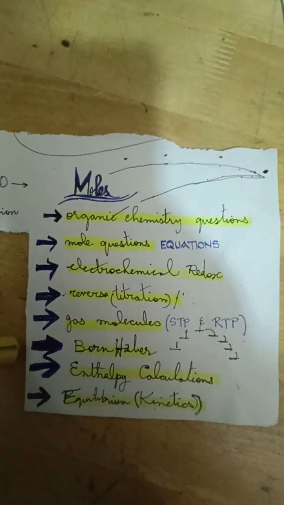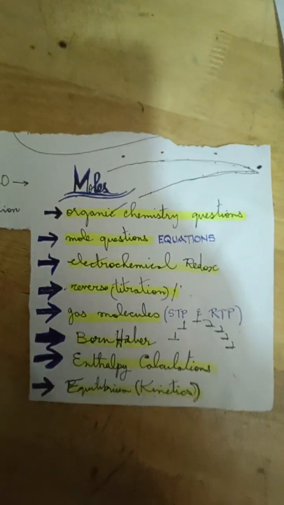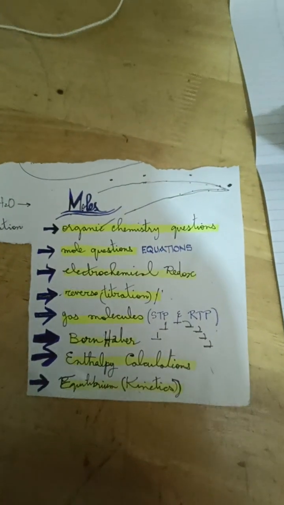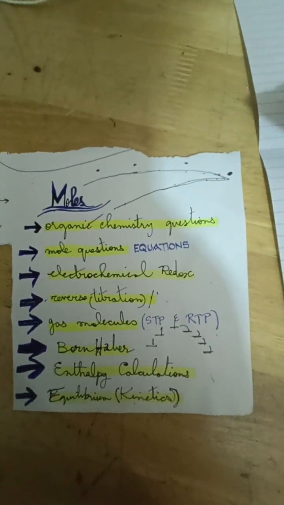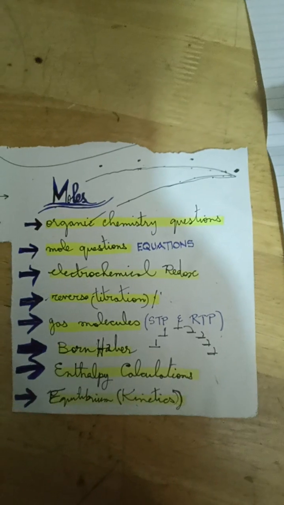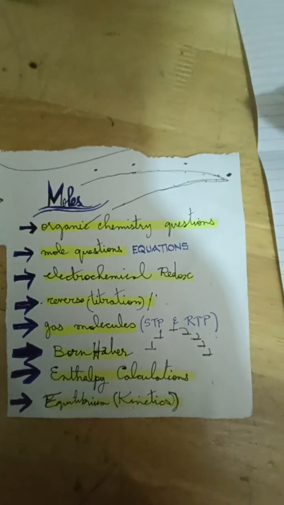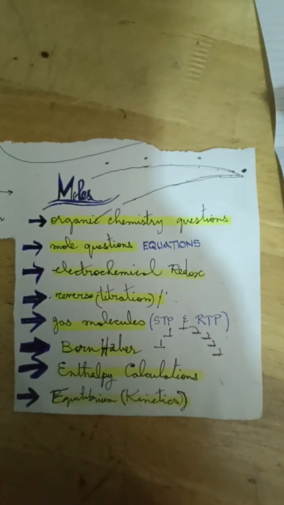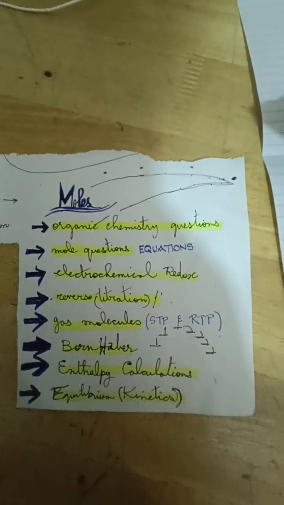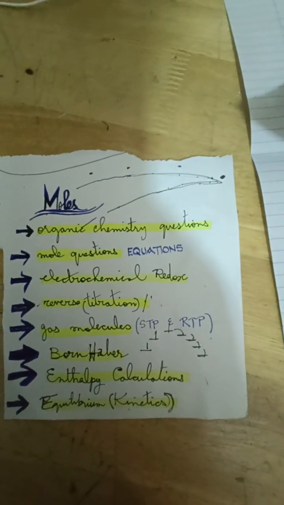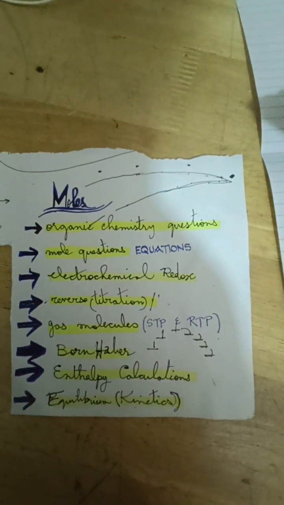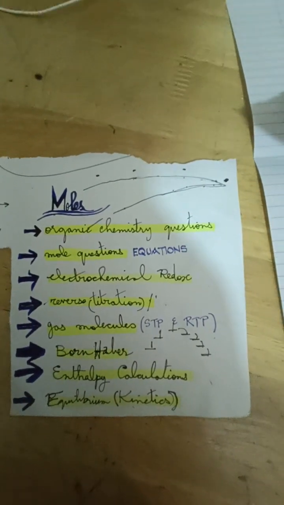With the Born-Haber cycle, you have one cycle, and then you have another cycle, which is Hess's law. Hess's law comes under enthalpy calculations: enthalpy of heat, molar dissociation, neutralization, hydration. It's basically calculating 1 mole of chemical element undergoing 1 mole of change.